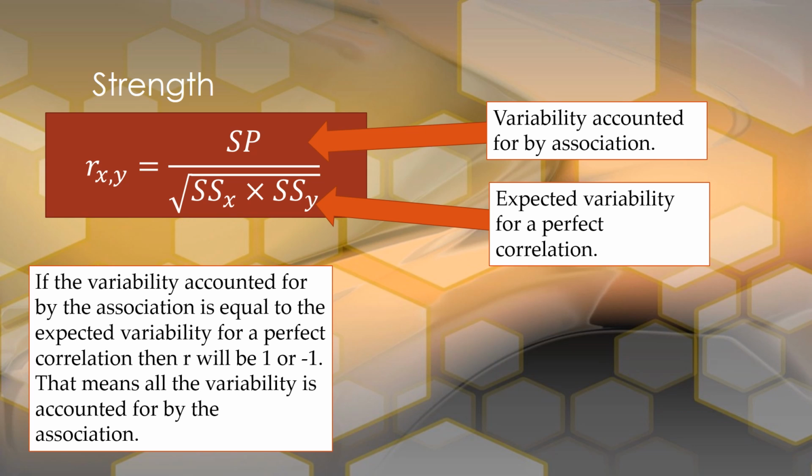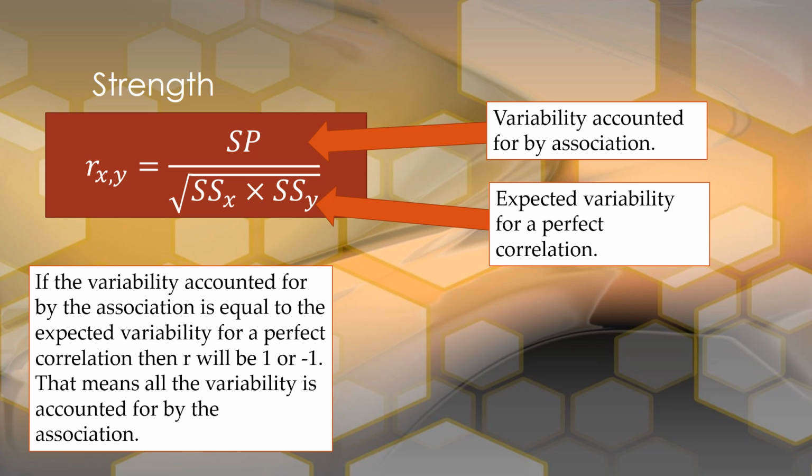So if the sum of the products is equal to the square root of the sum of squares multiplied together, so the top is equal to the bottom, right? If we divide something by itself, then it's going to equal 1.